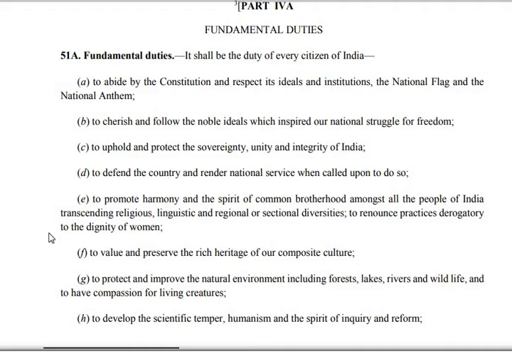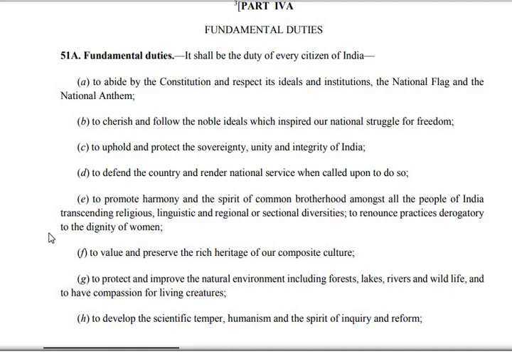Now in schools also the fundamental duties are taught as a part of the syllabus to children so that they are aware of their duties. Everything is taught, fundamental rights, fundamental duties and DPSP, but they focus more on the fundamental duties. So from the initial classes students are taught their duties, so they grow up as responsible citizens of India.